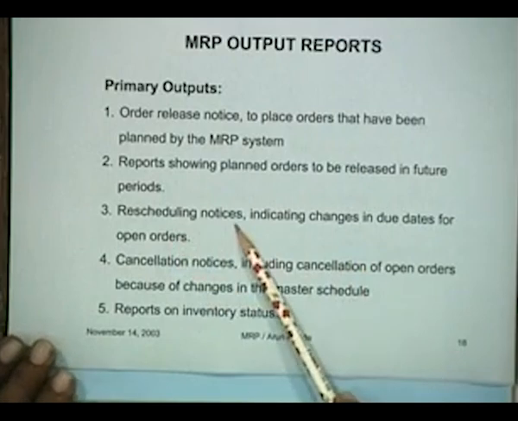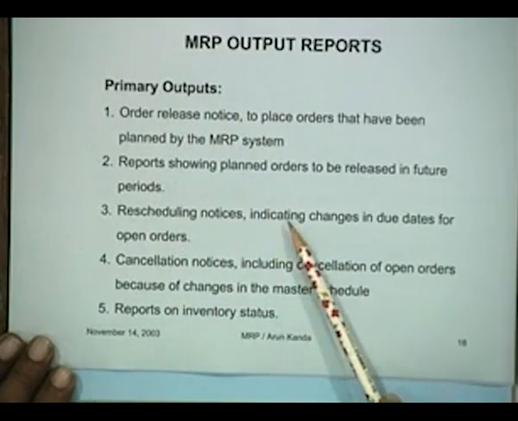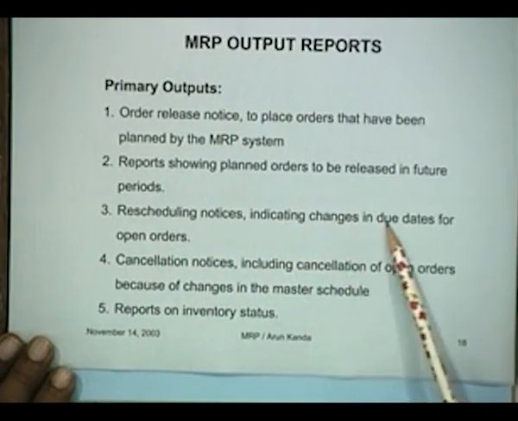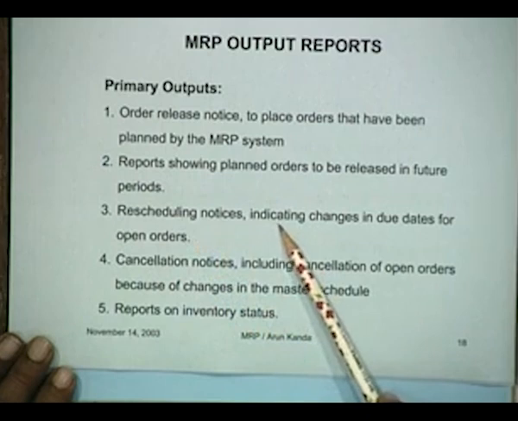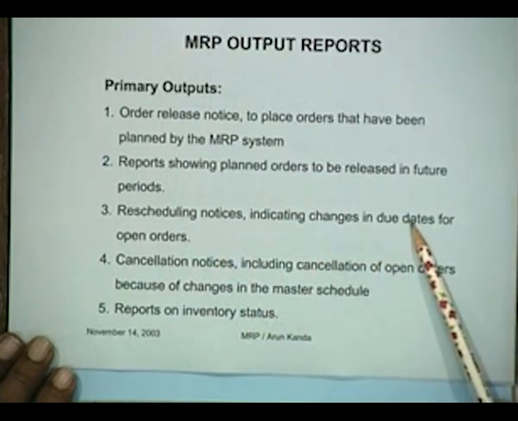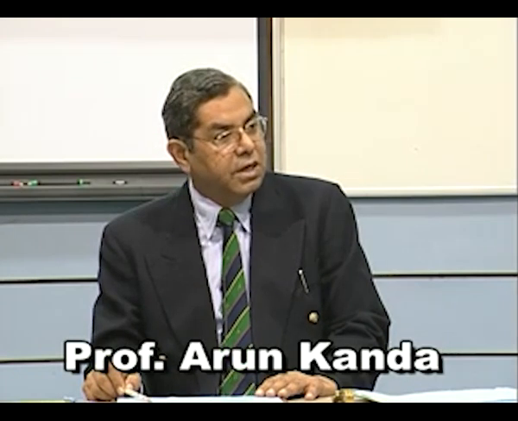You can have rescheduling notices indicating changes in due dates for open orders. What does this mean? What can be done is, for instance, that suppose there is a change in the due date of a certain order, right? You wanted 20 cars in January, now you don't want 20 cars in January, you probably want 30 cars in January.